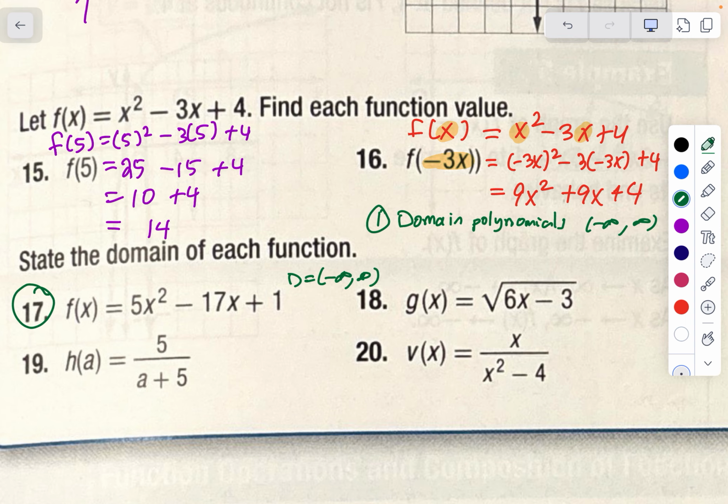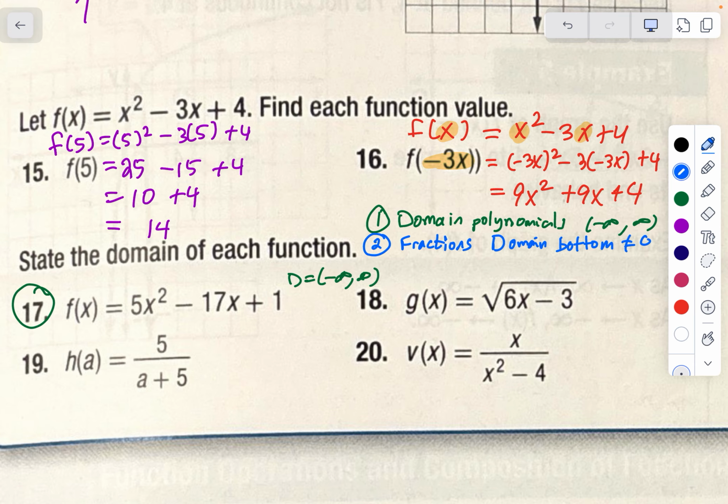Now, the second one you have to know are fractions. For fractions, the domain, the bottom cannot equal 0. But everything else works.